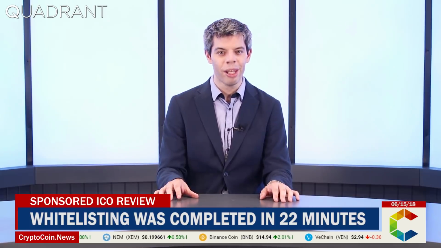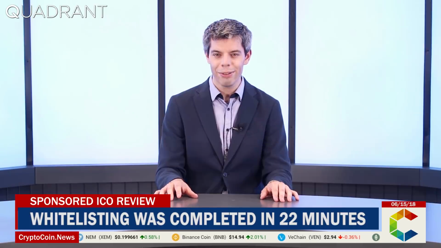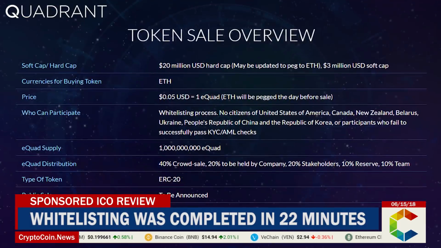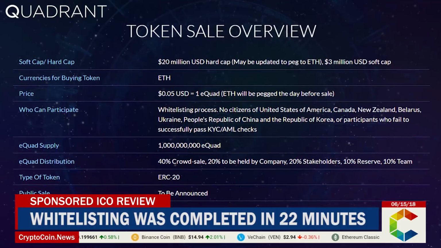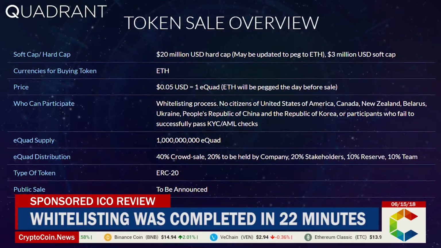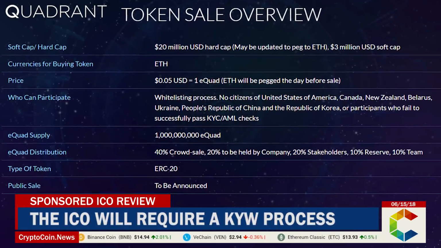So let's get to the all-important token economics. Although the ICO or token generation date is yet to be announced, the crowd sale will have a soft cap of $3 million and a hard cap of $20 million. The currency which will be accepted for the purchase of the tokens will be Ether, and the price per eQuad token will be 5 US cents.